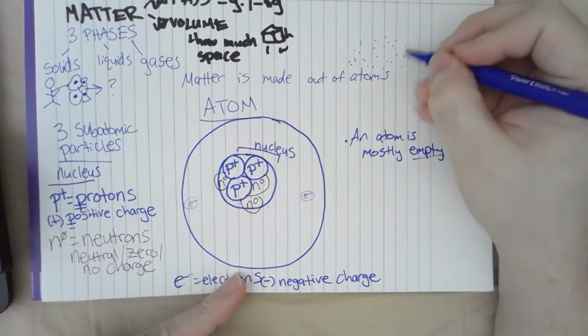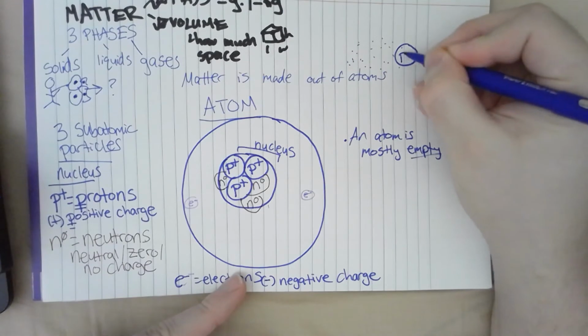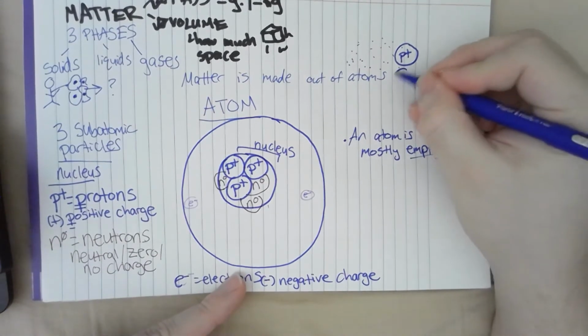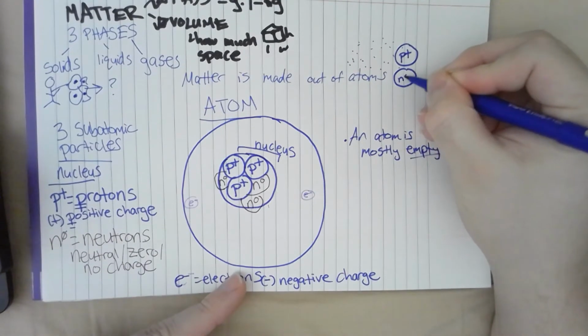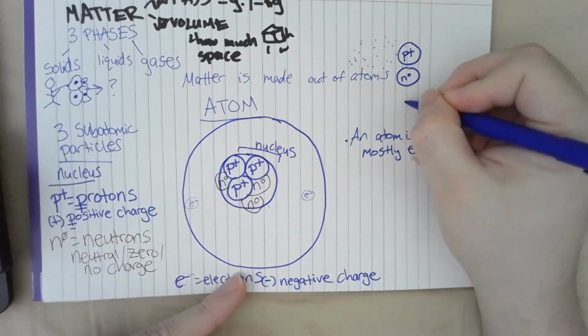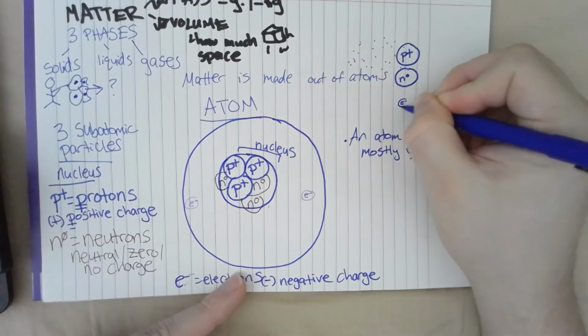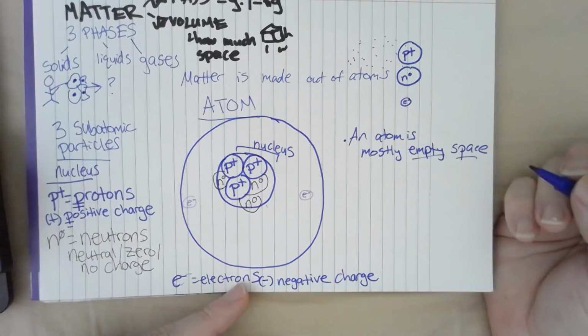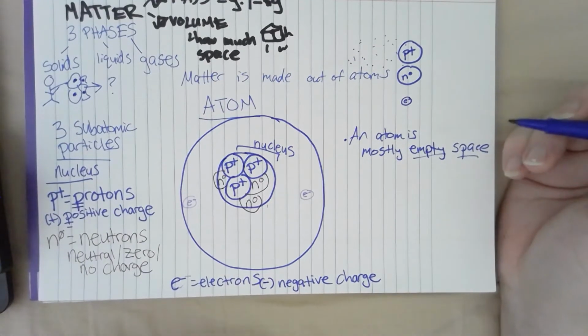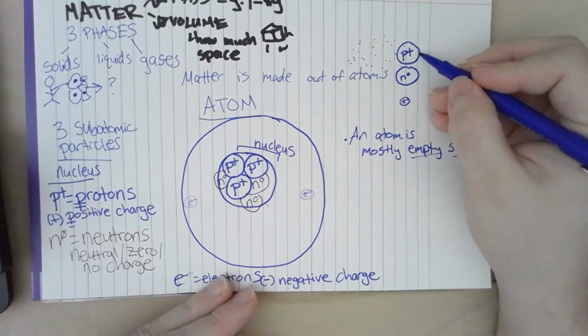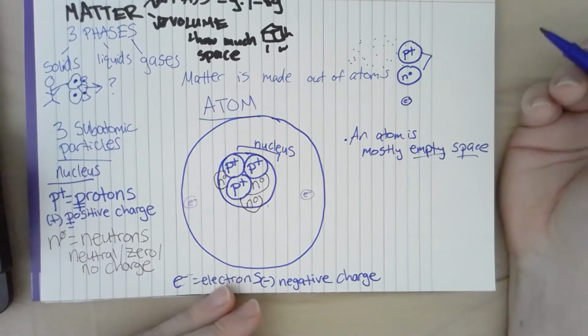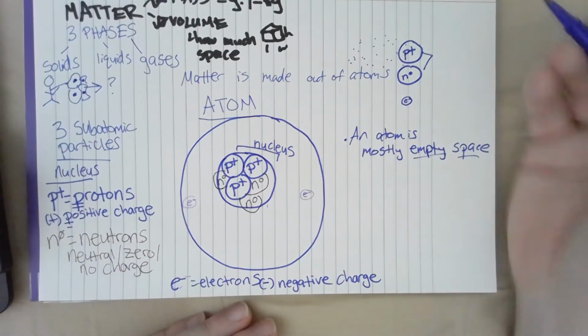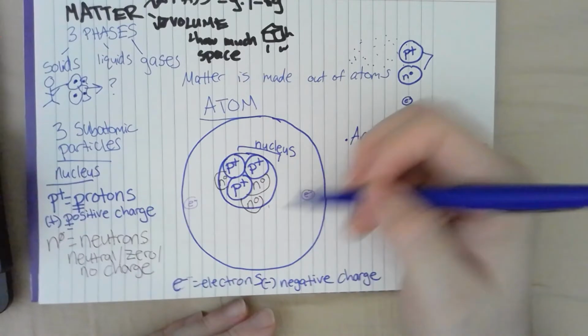So this is a proton, right? This is a neutron. And really, an electron is like that. Okay? So, another thing you need to know about atoms is most of the mass of an atom is inside the nucleus.